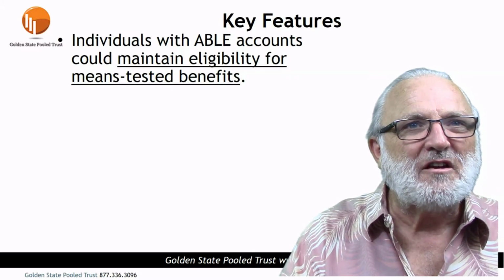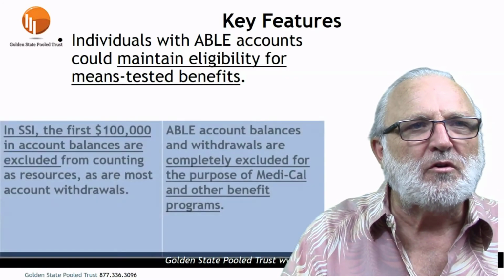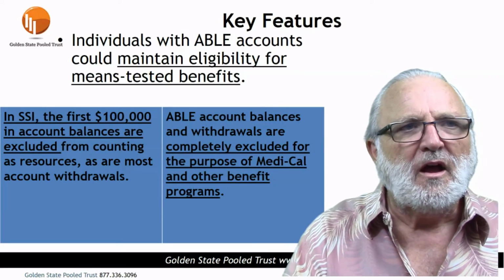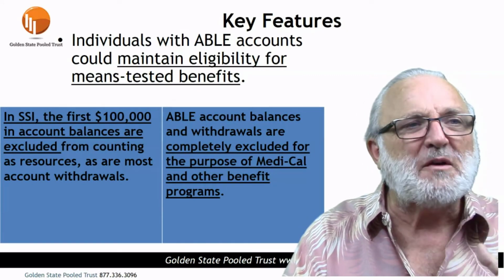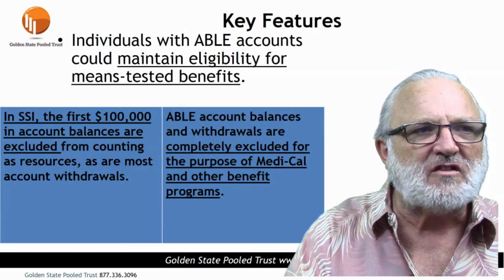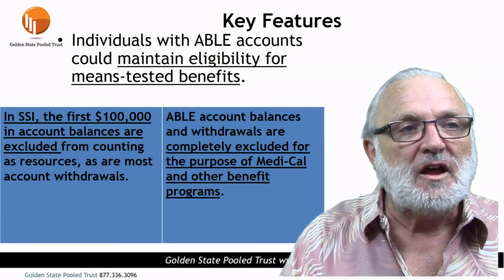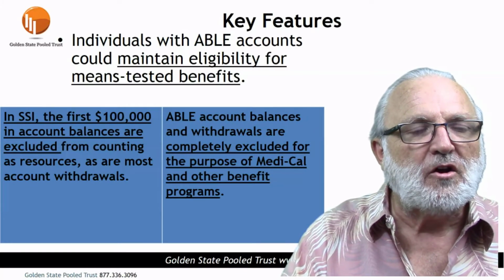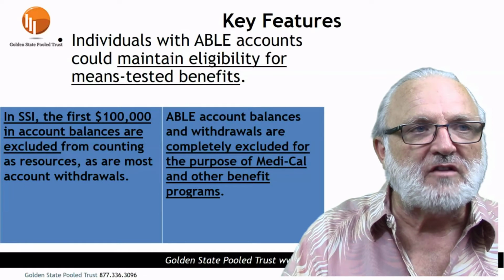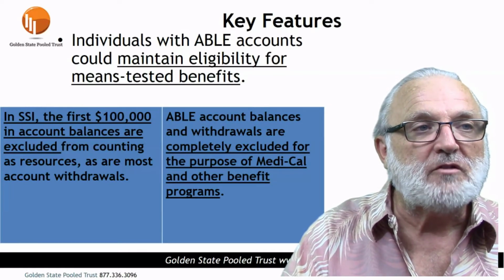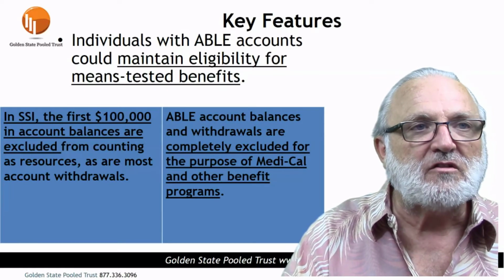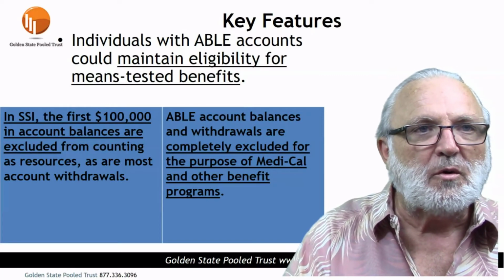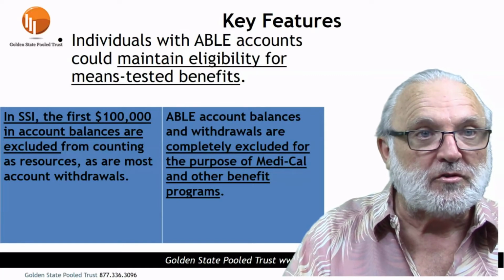Individuals with ABLE accounts can maintain eligibility for means-tested programs here, and so a concept that we went through in the basic program here, we're just talking about changes in the POMS, but a basic concept is for people that are on SSI, as long as the ABLE account is below $100,000 here, it's not going to be counted against your SSI. Once it goes above $100,000, it will start to be counted as a resource, and as we're going to see, eventually the account will go into suspension if all other rules are followed.